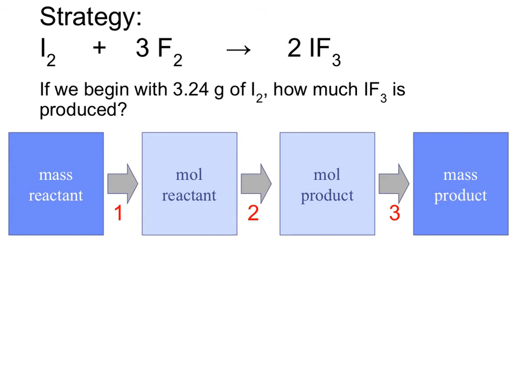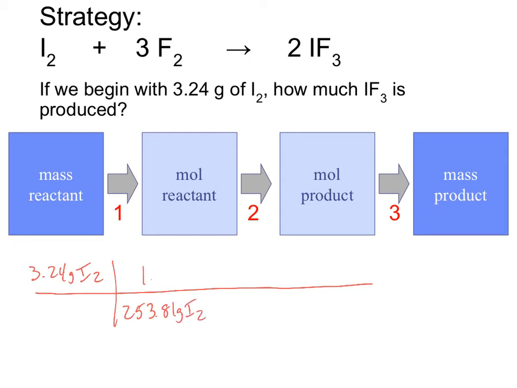Now it is also possible to simply set that whole thing up in one long dimensional analysis setup. If we begin with our 3.24 grams of I2, our first step was to convert over to moles of I2 using our molar mass. And then our second step was to convert to the moles of IF3 using our molar ratio.